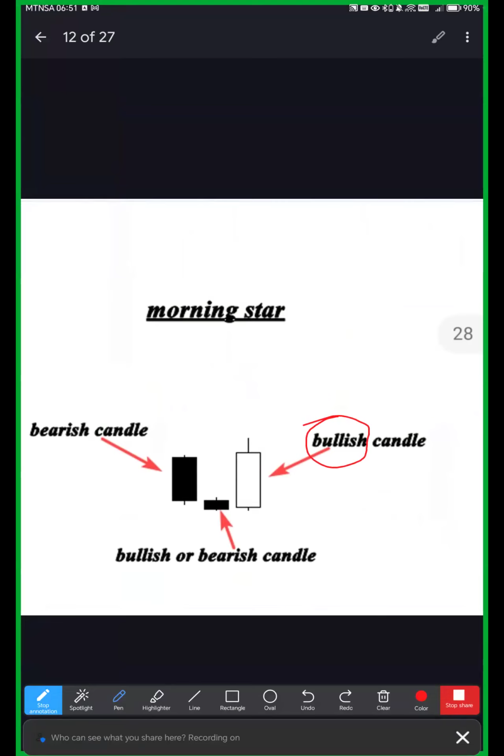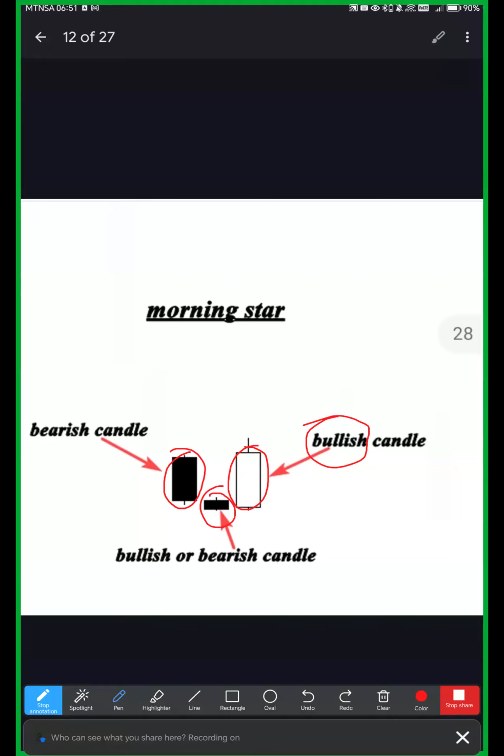It often occurs at the bottom of a downtrend, and it consists of three candles. 1, 2, 3. The morning star consists of three candles or three bodies. First of all, it is considered a bullish reversal pattern.